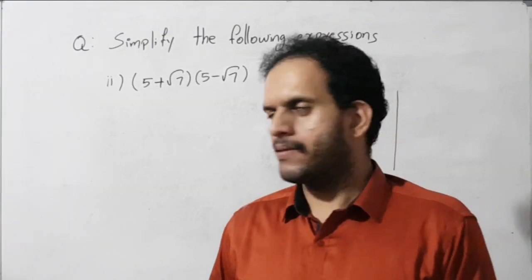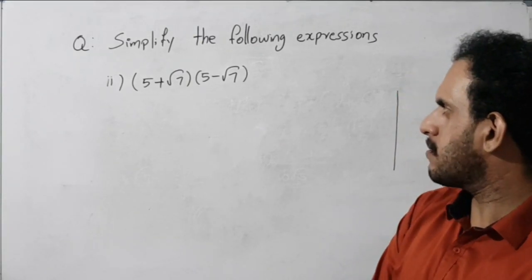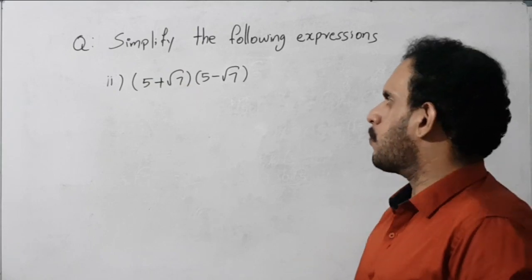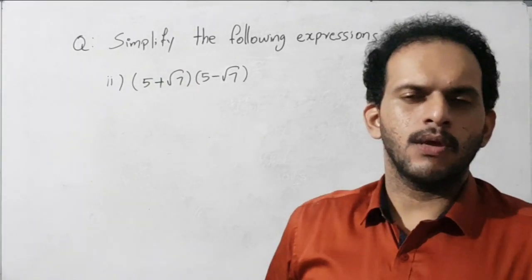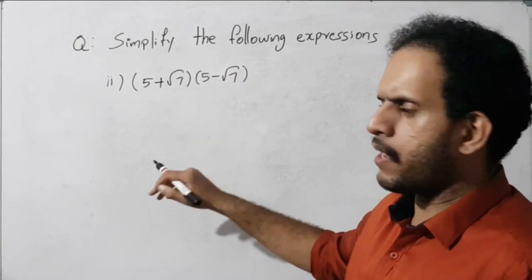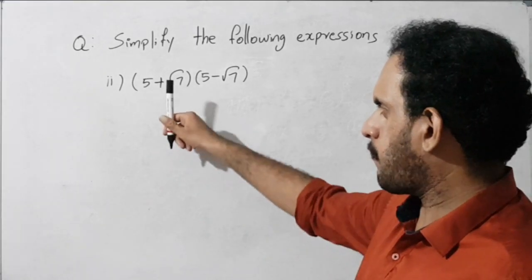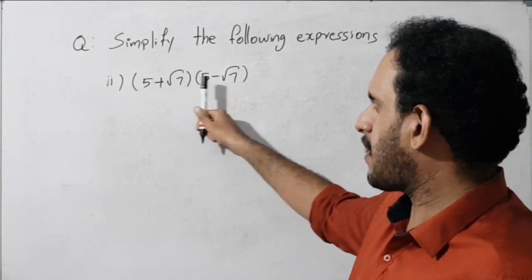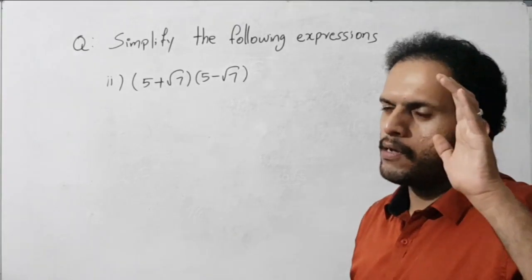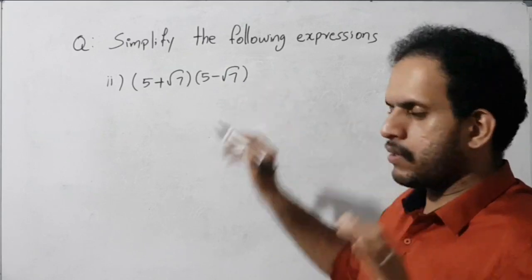Okay. The question is like this. Simplify. What is the question? 5 plus root 7 into 5 minus root 7. This is not in the form of a plus b whole square. The both are not the same, correct? The first one is separated by the symbol plus, the second one by the symbol minus. But it is very clear the numbers are equal: 5, 5, root 7, root 7.